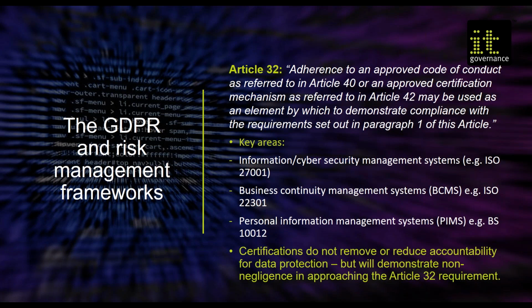ISO 22301 deals with business continuity, and increasingly BS 10012, which is initially just a British standard, but it's for a personal information management system. It deals very specifically with personal data, and where allied with ISO 27001 gives an organization the core building blocks of a proper privacy compliance framework.